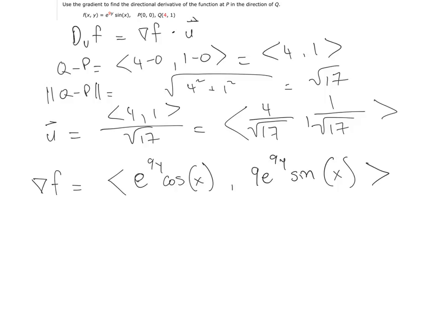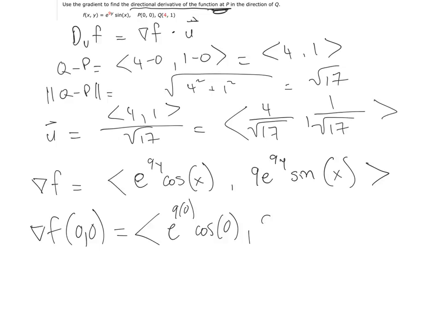Now you can plug in 0, 0 because it asks you to find the directional derivative at point P. So if your gradient at 0, 0, you will get 9 times 0 cosine of 0, and 9 times 0 up here, and then sine of 0.